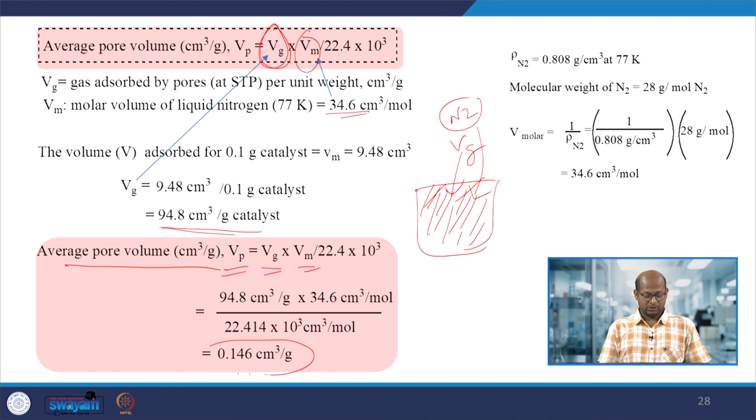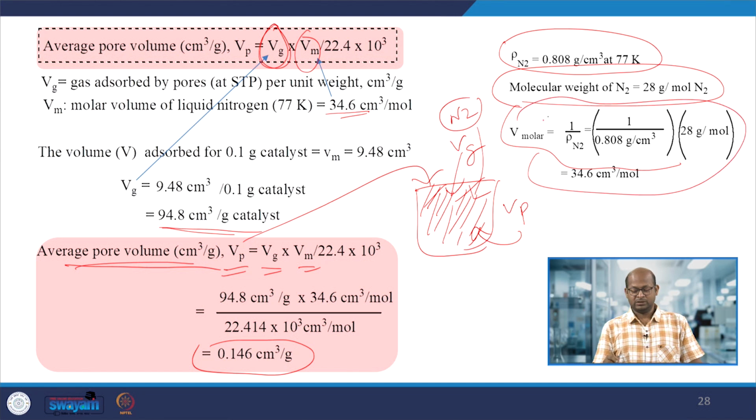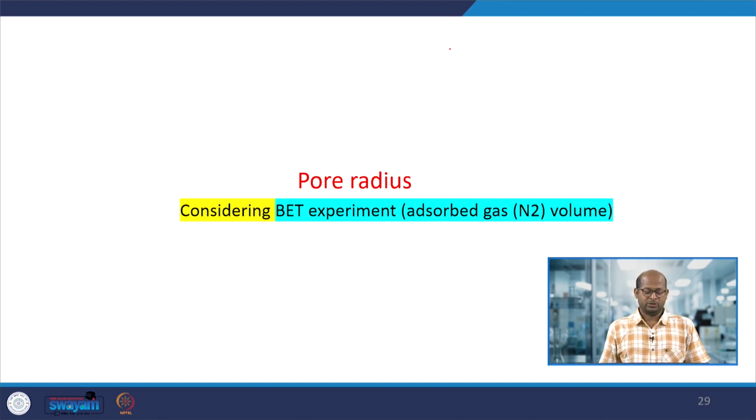So the average pore volume Vp of that porous material we can easily find out. And the density of liquid nitrogen and the molar volume, how to find them, is given here. So you can see how to calculate average pore volume by using BET theory or experiments.